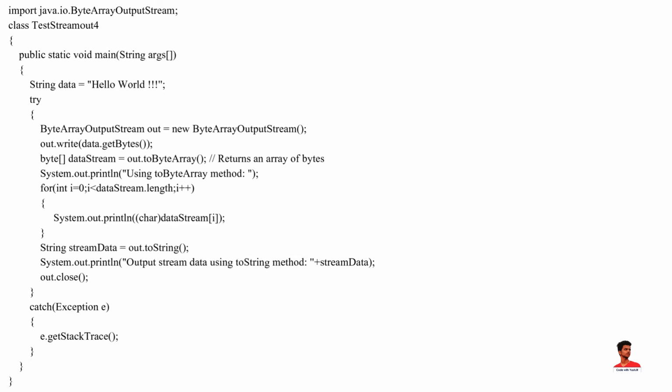In this example, we have created an array of bytes to store the data returned from the toByteArray method. We then have used the for loop to access each byte from the array. Here, each byte is converted into the corresponding character using typecasting.